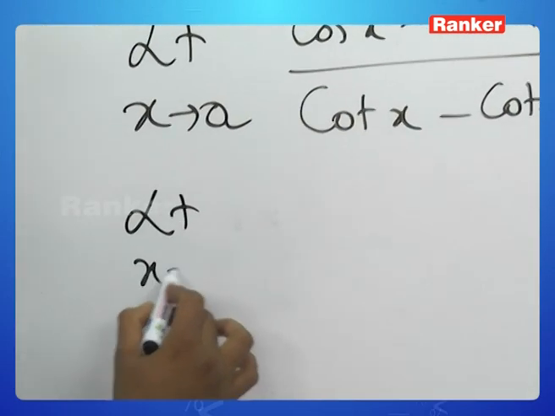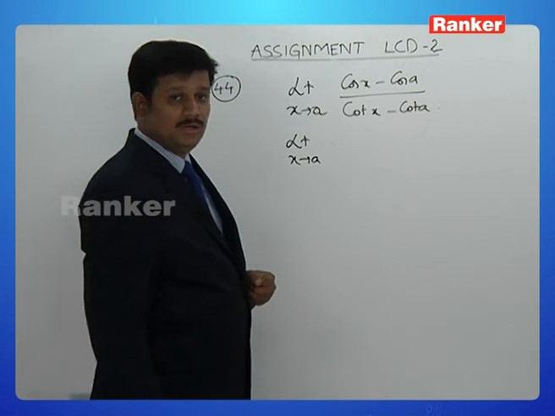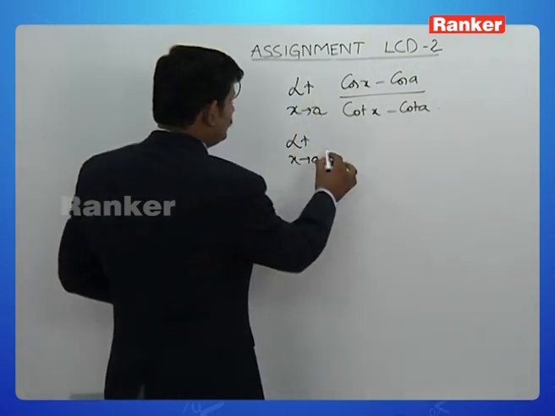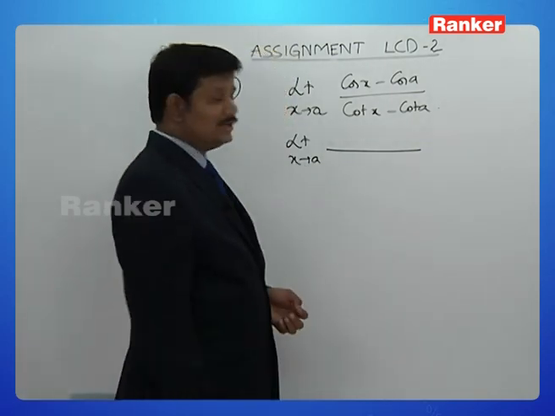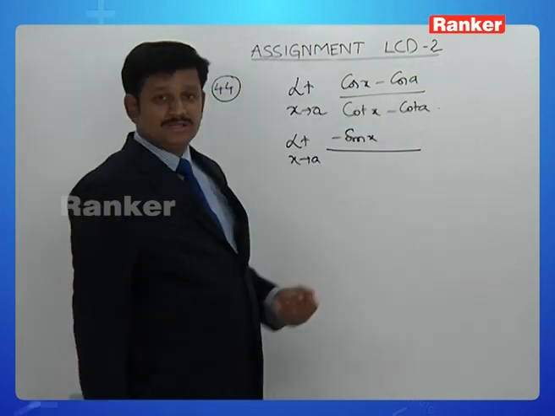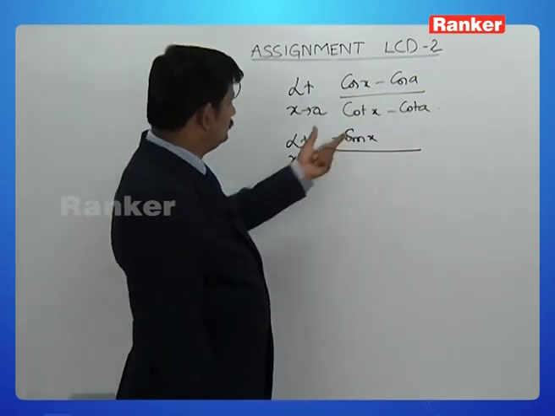Limit as x tends to a, because this is 0/0 format, let us differentiate the numerator and denominator. Derivative of cos x is -sin x. cos a is a constant, its derivative is 0.